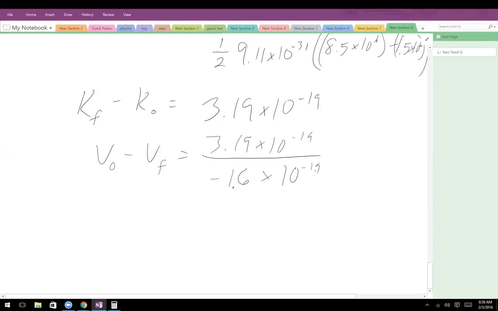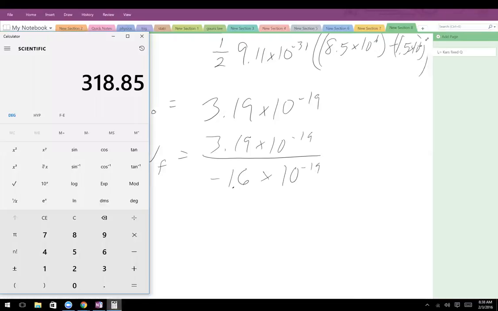So 10 to the minus 19s happily cancel. So divided by 1.6. I got 1.99.